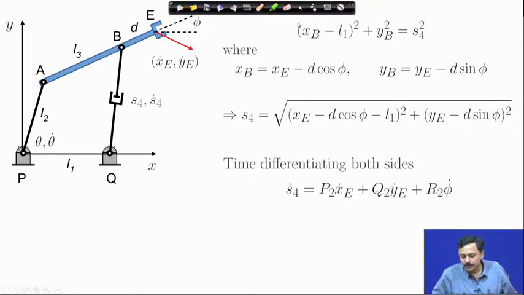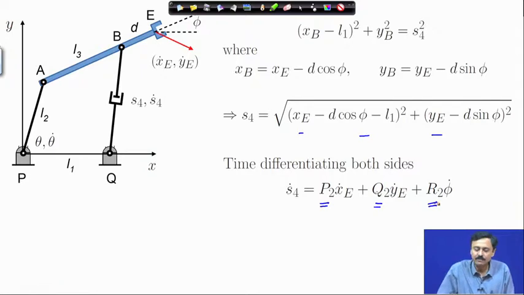Now, if you differentiate both sides of this equation with respect to time, then you can imagine that you will have derivatives of xe, derivatives of phi and derivatives of ye, and the corresponding coefficients are P2, Q2 and R2, which can be very easily found by differentiating this.